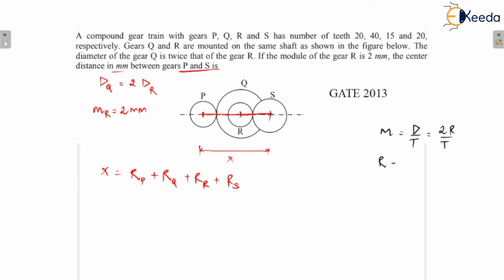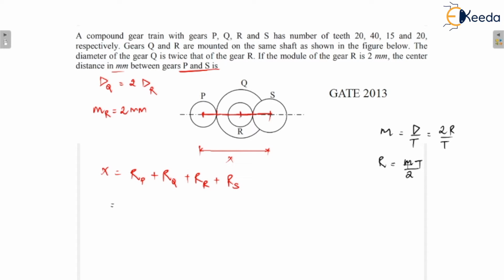So from here you get the radius equal to mt by 2. I am writing it in terms of number of teeth because the number of teeth are given in the question, so we convert the radius term into number of teeth, that is mt by 2.